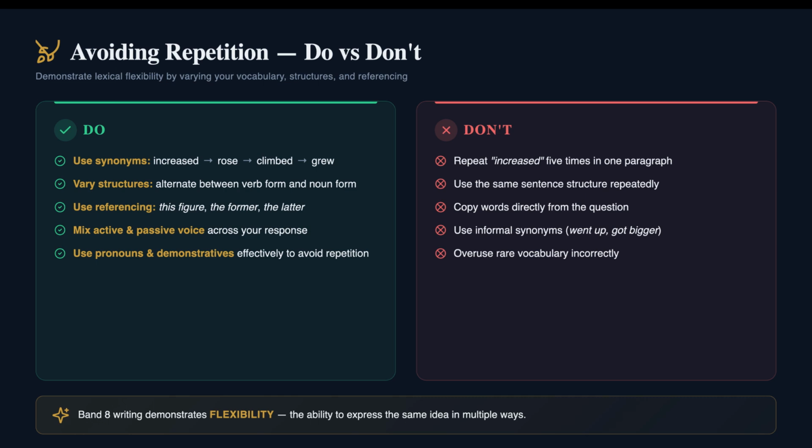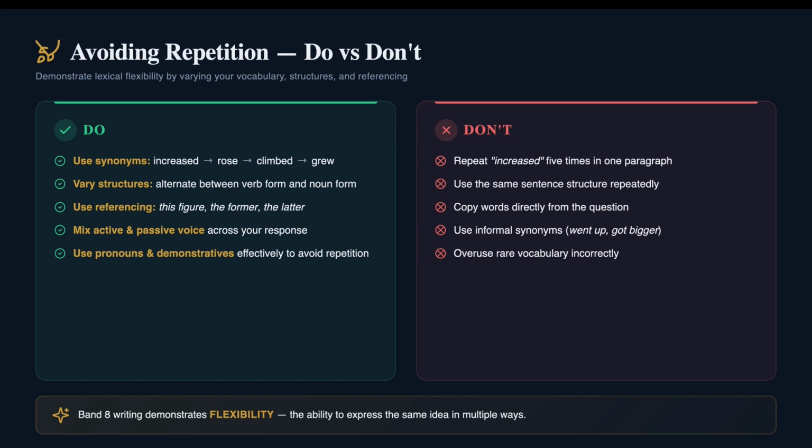So do use synonyms. For example, increased, rose, climbed, and grew. Many more verbs that mean the same, right? So try to play with your lexical resource. It shows the flexibility. It shows that you're capable of playing with these advanced lexical resources.